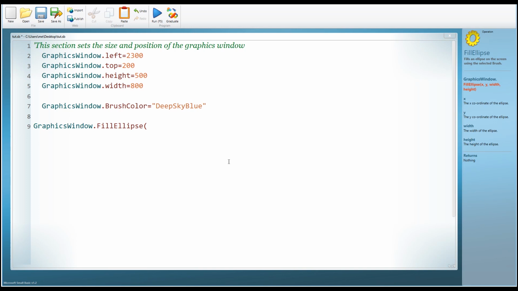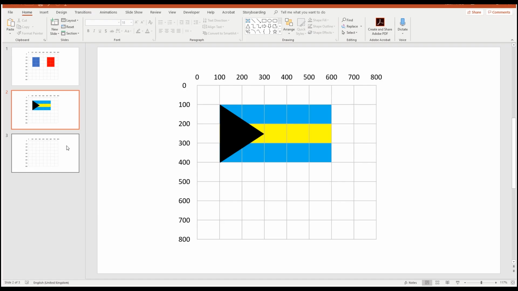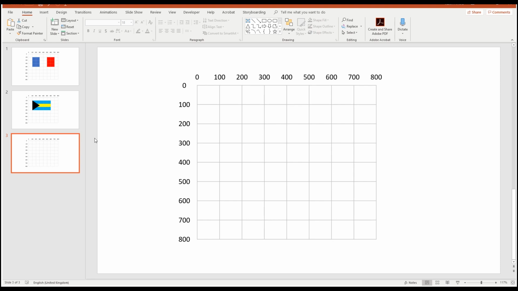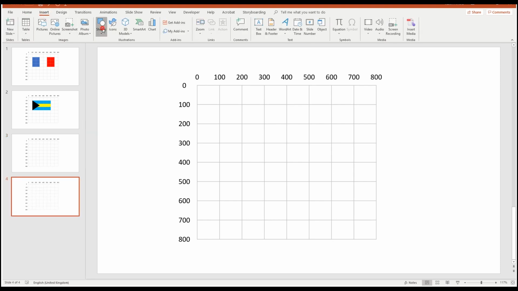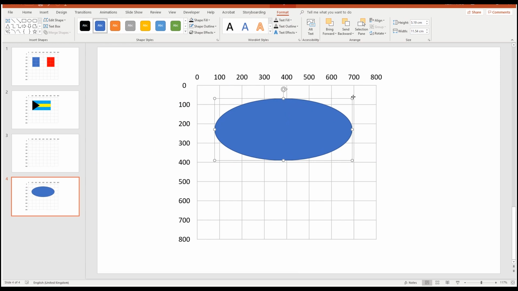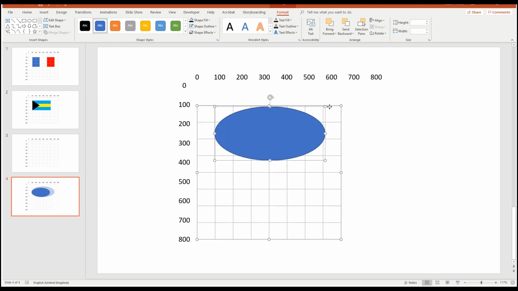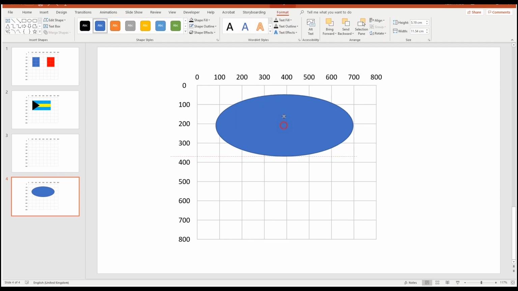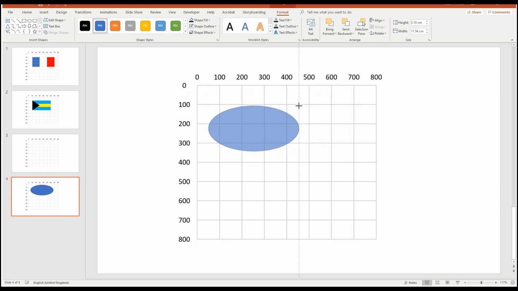So if we go back to our grid here, let's just bring up a new grid and we'll draw a circle. Well, I'll actually draw an ellipse. So I'll draw one out like this. So let's just say it's going to be about like this.